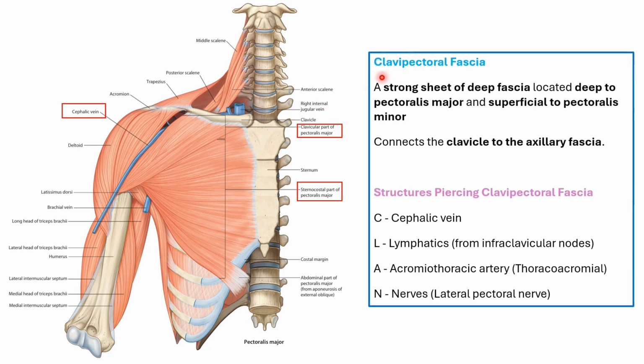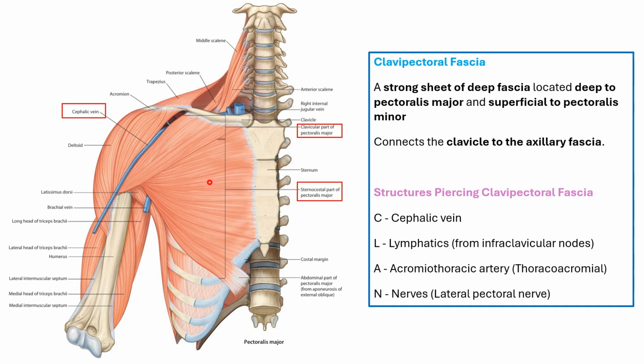Okay, now we learn about the clavipectoral fascia. The clavipectoral fascia is a strong sheet of deep fascia located deep to the pectoralis major muscle and superficial to the pectoralis minor muscle, and it connects the clavicle to the axillary fascia. You can see this is the pectoralis major muscle.